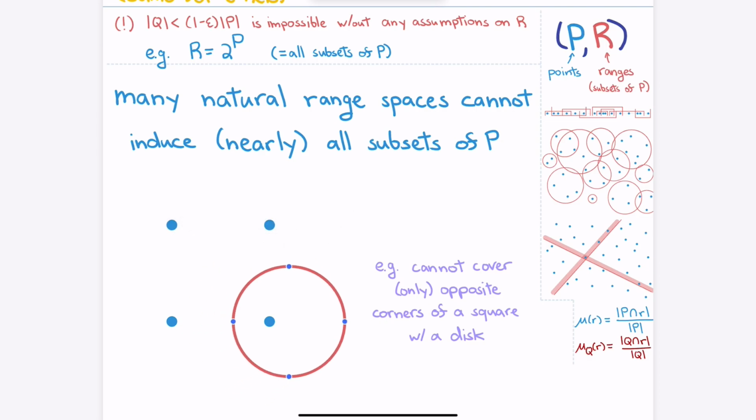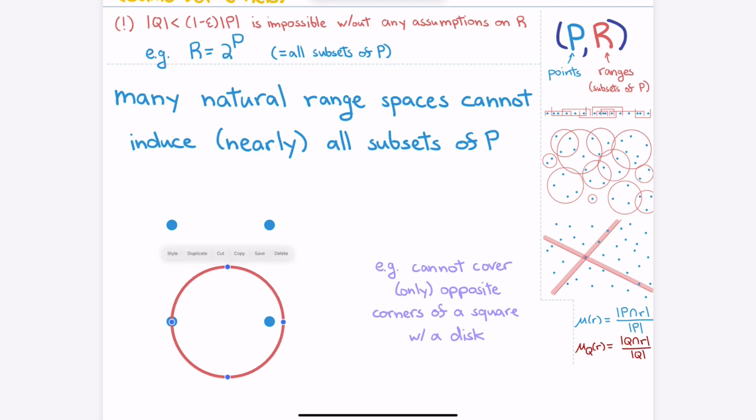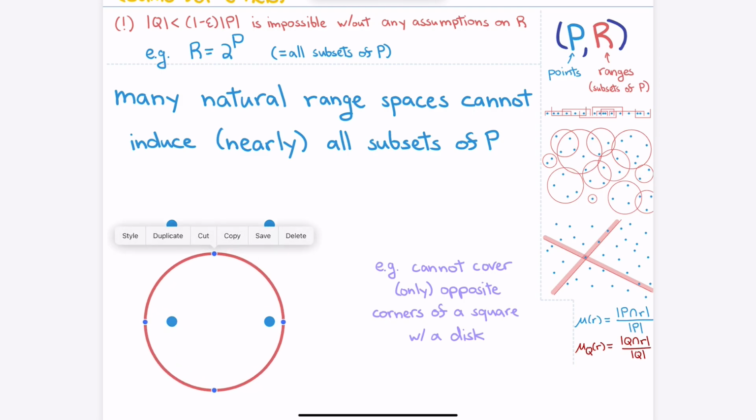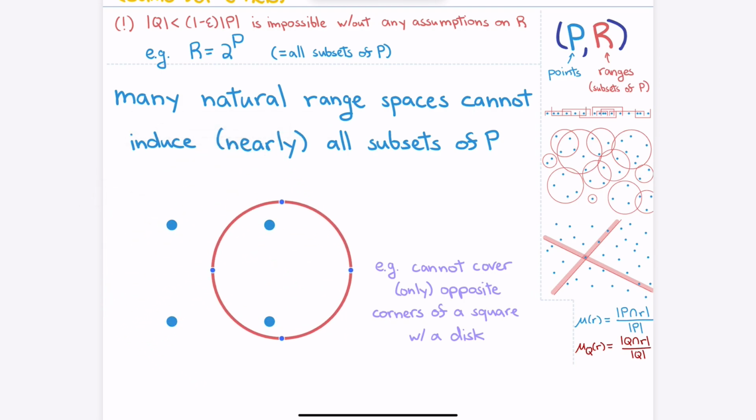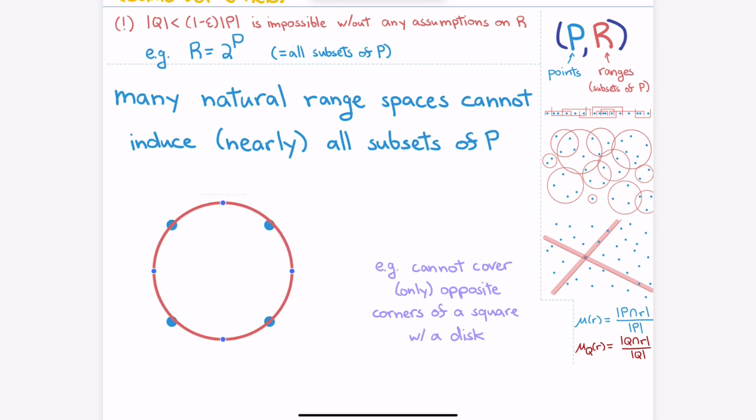I can take a disk and capture one of them at a time, like that. I can capture the bottom half. I can make that subset, that subset, that subset. But if I try to get opposite corners, if I only wanted to get these two but not these two, I can't do that with a disk.